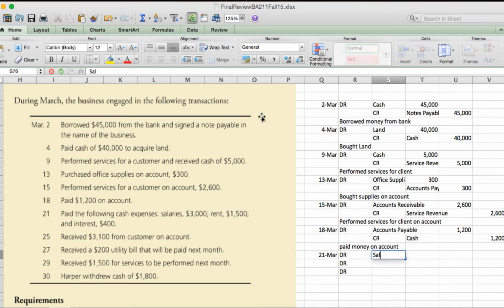So we have salaries expense debited for $3,000, rent expense debited for $1,500, and interest expense debited for $400. Then I need to add all those up. So $3,000 plus $1,500 plus $400 gives me $4,900, and that's going to be a credit to cash.